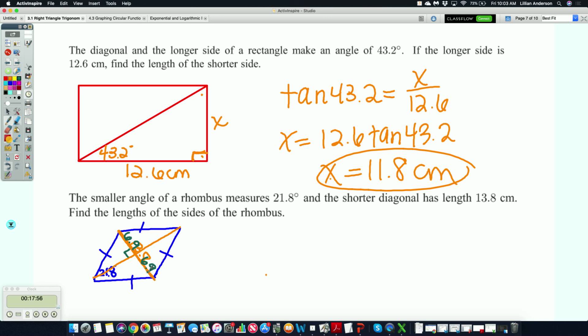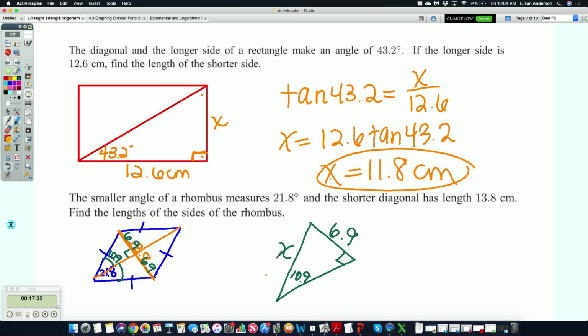It bisects the angle. So what is this angle here? It becomes 10.9 degrees. So basically you have a right triangle. Let me redraw it. Where this side is 6.9 and this angle is 10.9, and I'm trying to find the side length, which would be this value right here.